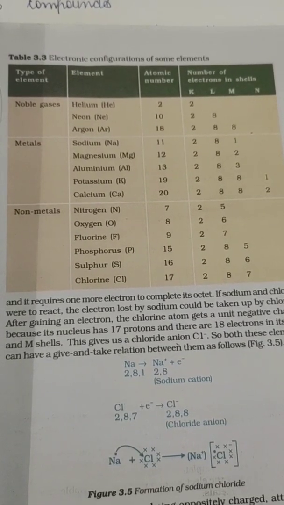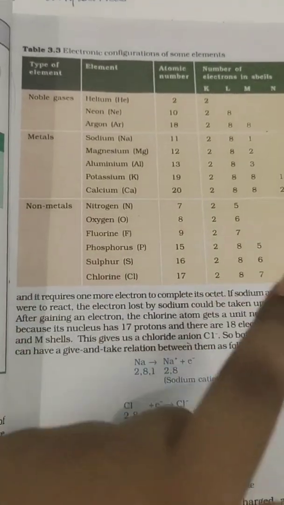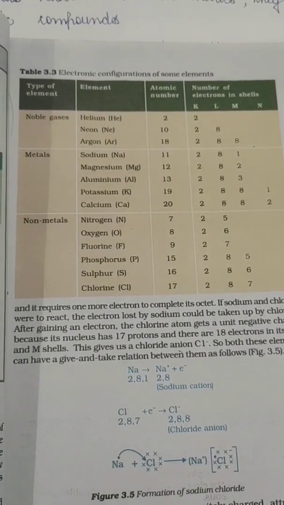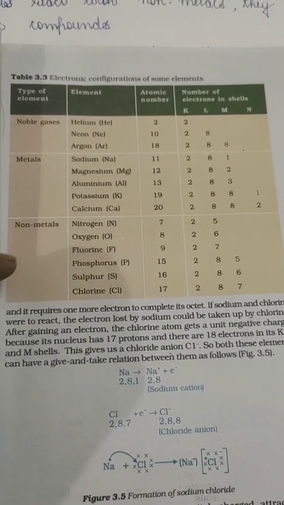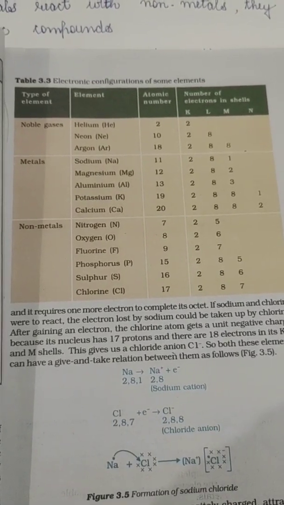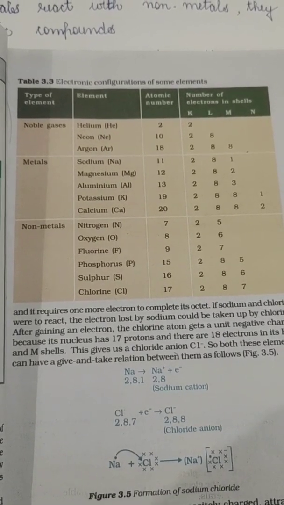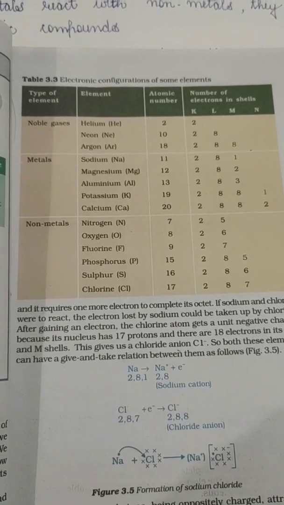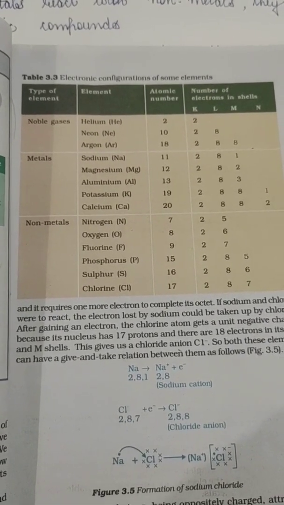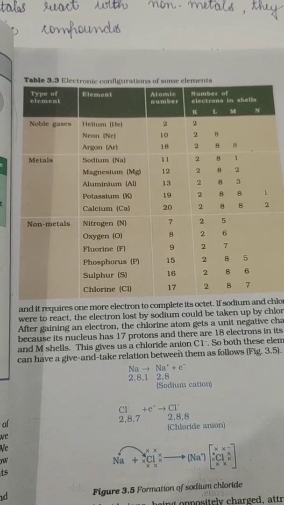Whereas metals, as we can see here, have 1, 2 or 3 electrons in their outermost shell. And nonmetals have either 5, 6 or 7 electrons in their outermost shell. Carbon is a nonmetal, but it has 4 electrons in its outermost shell.